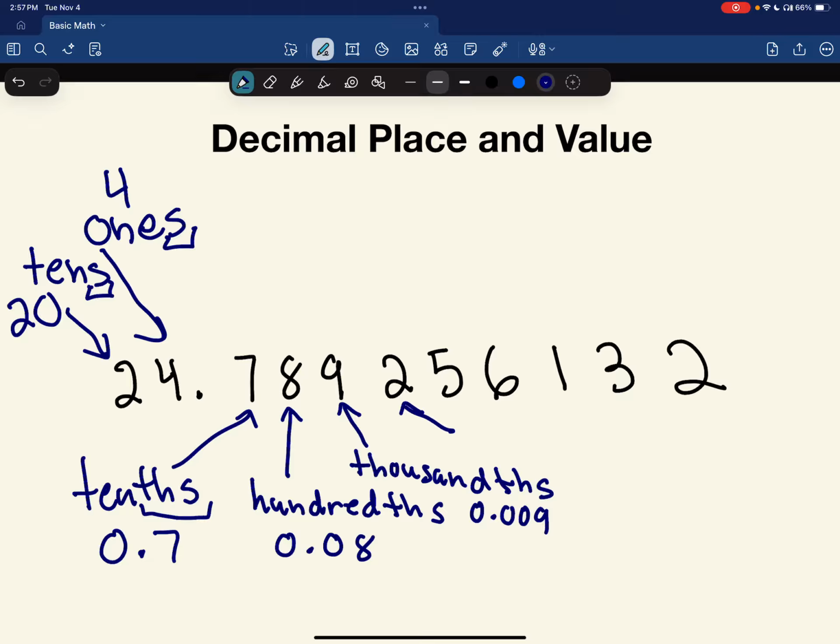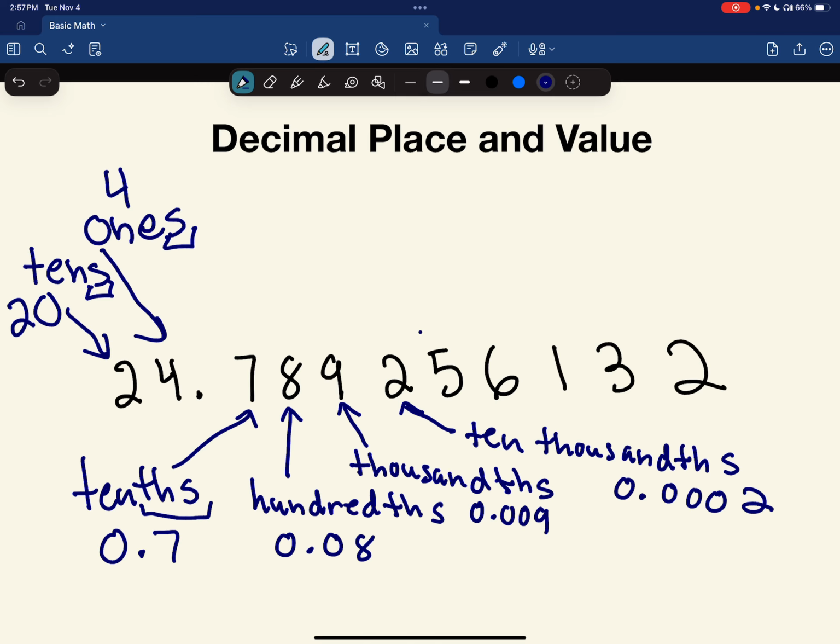Now let's look at 2. 2 is in the 10,000ths place. And this has a value of 0.0002. So all the digits between the decimal point and 2 became zeros.